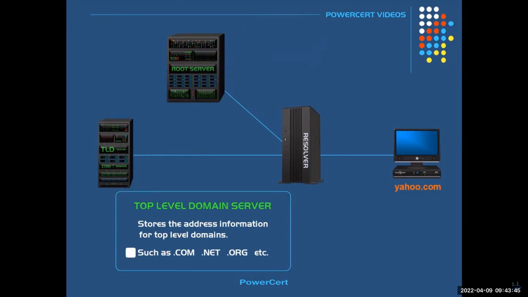This particular TLD server manages the .com domain, which yahoo.com is a part of. When a TLD server receives the query for the IP address for yahoo.com, it is not going to know what the IP address is.